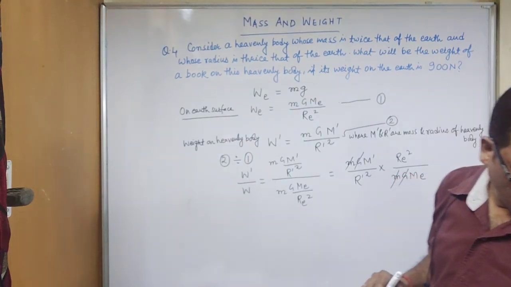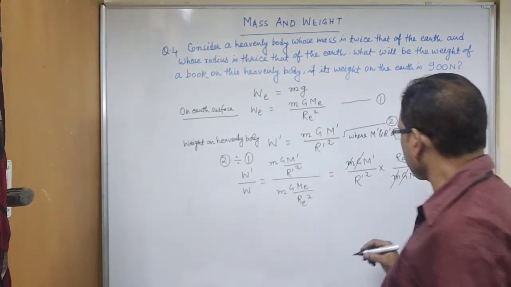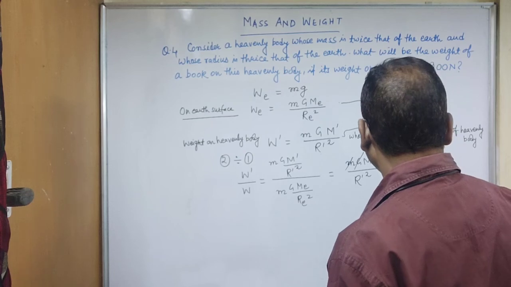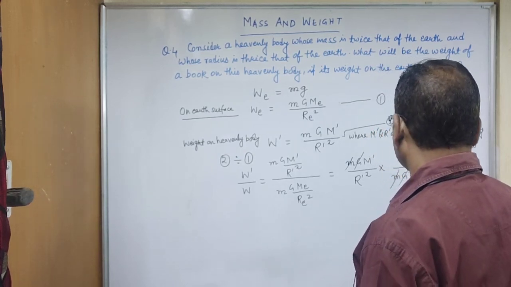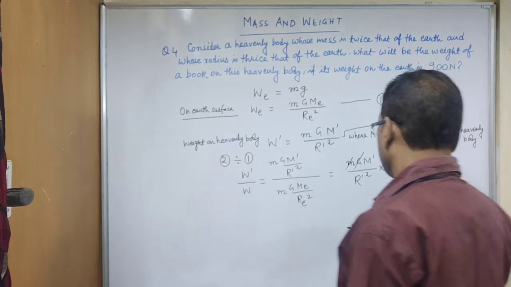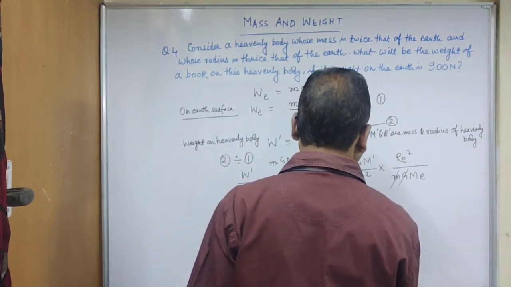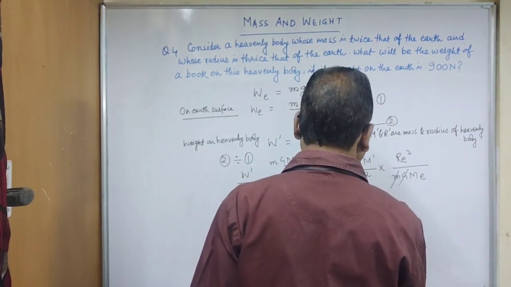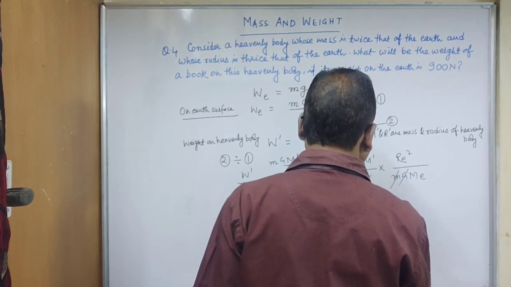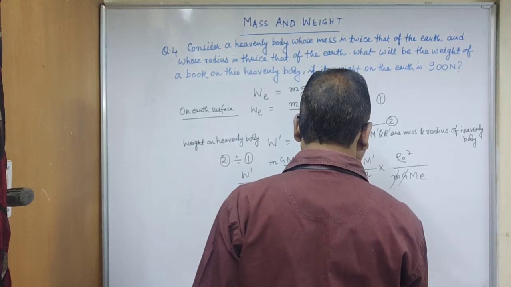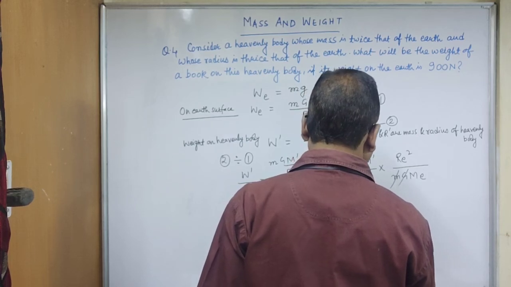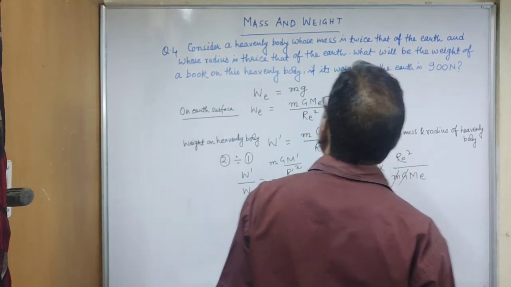So you will get M dash Re square by R dash square into Me.